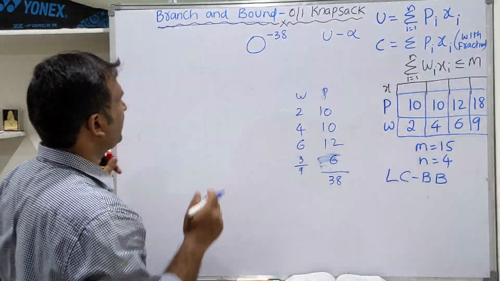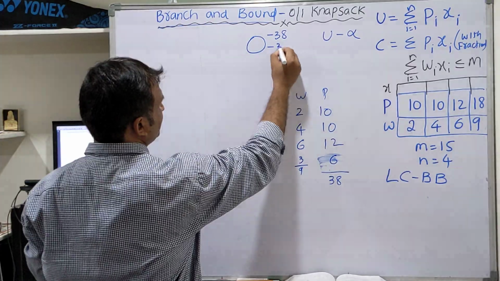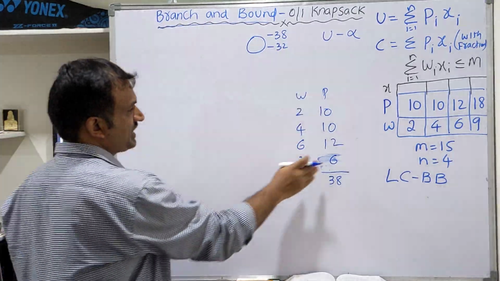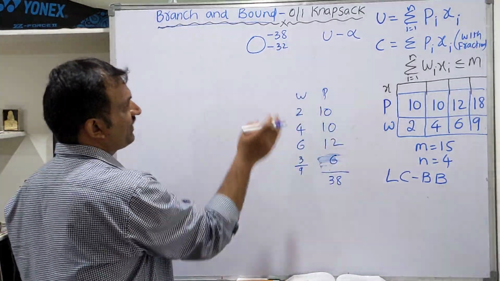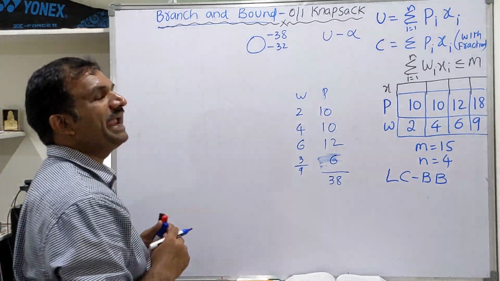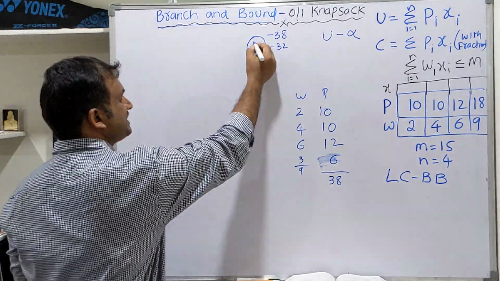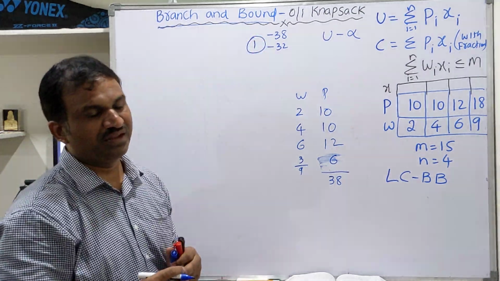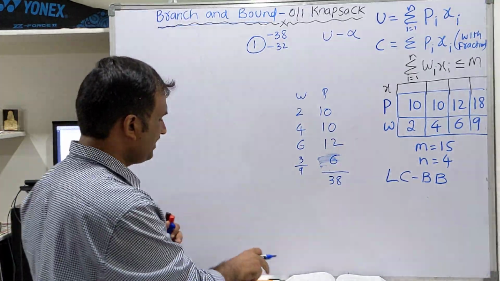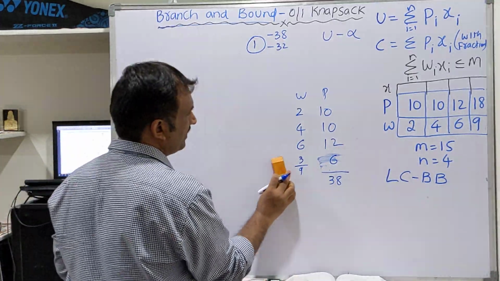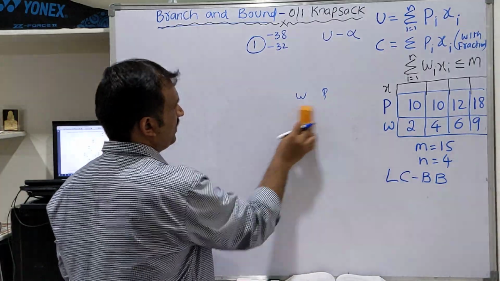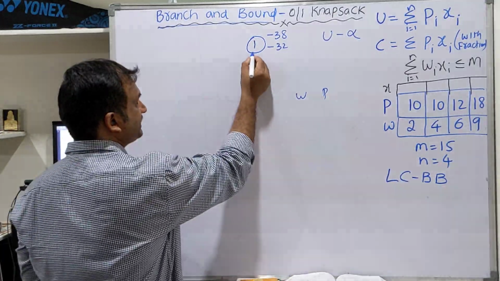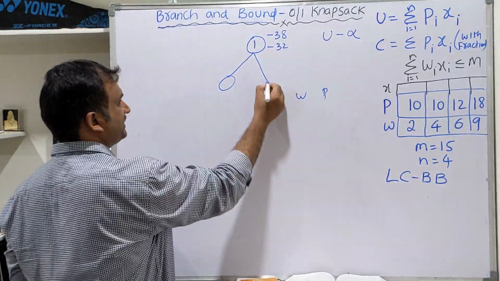Let me write both values: without fractions the answer is 32, and with fraction the answer is 38. So this is the first one. Now let us consider the next step.